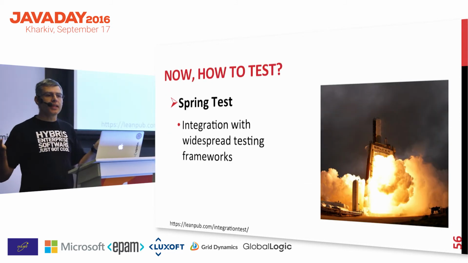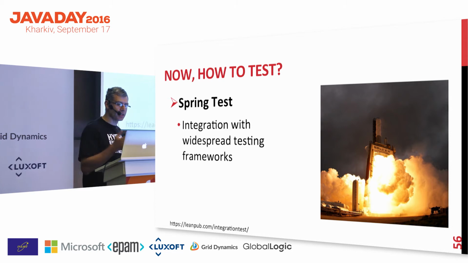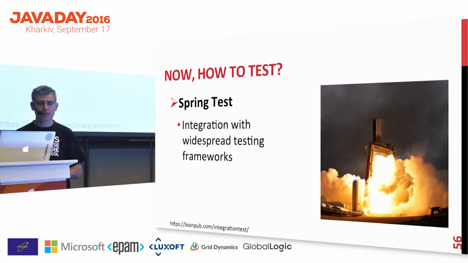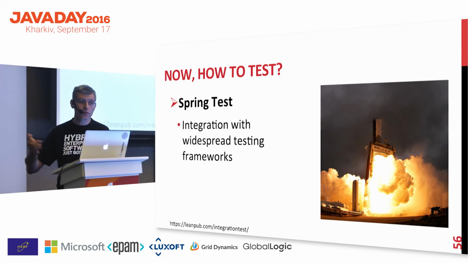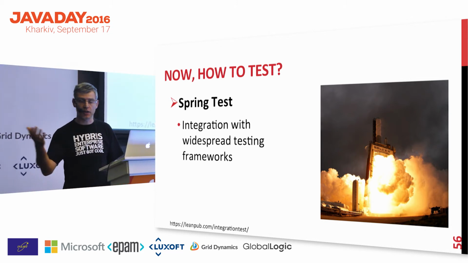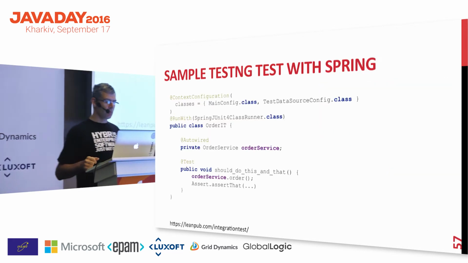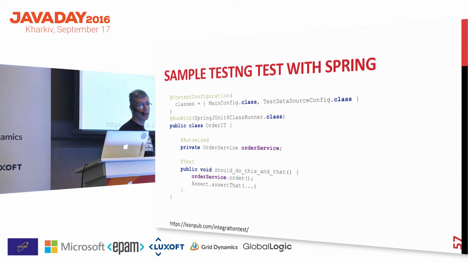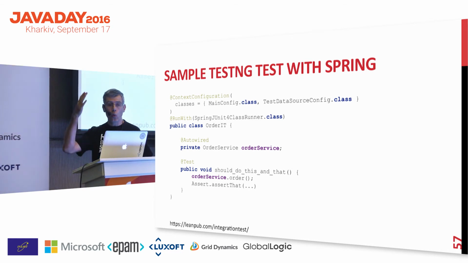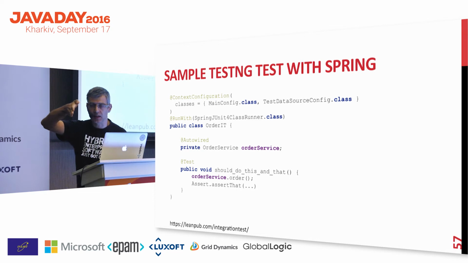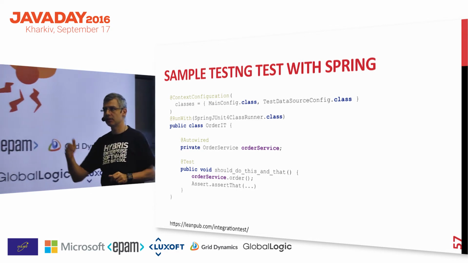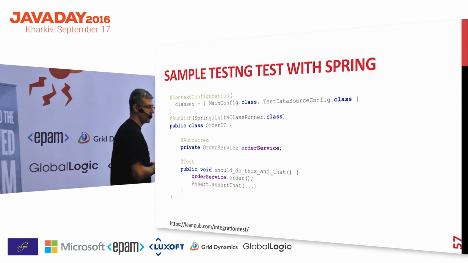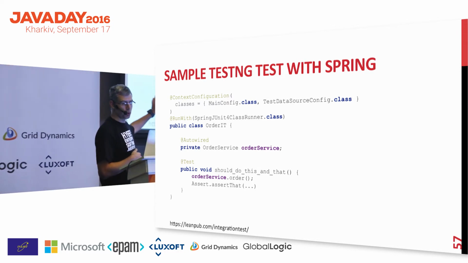Okay, but now how do we test? Well, there is a module for that in Spring called Spring Test, very easy. And it's integrated with TestNG, it's integrated with JUnit. So, how does it work? You will tell Spring, I want to use this configuration class or this configuration file, those configuration fragments, in a context configuration annotation. You have your usual run with.